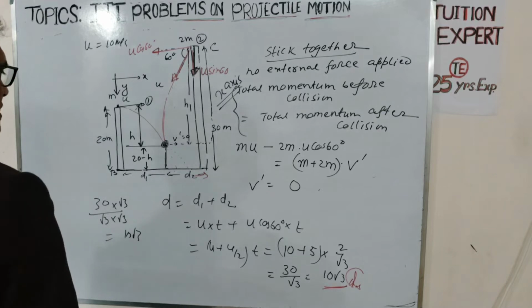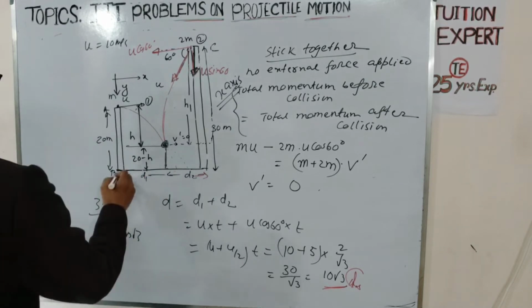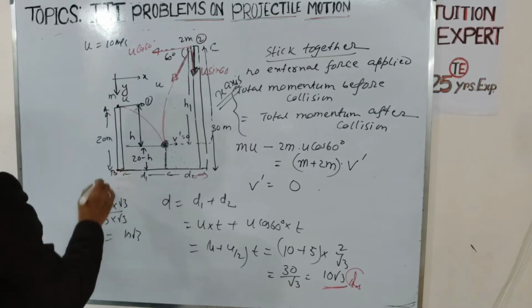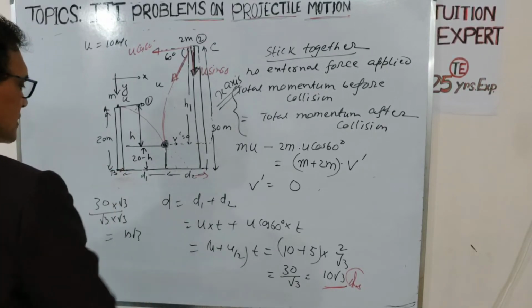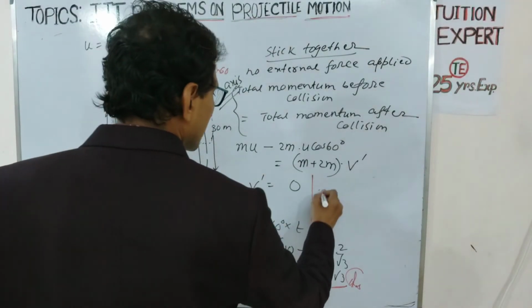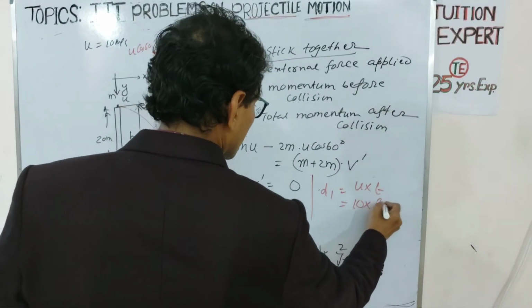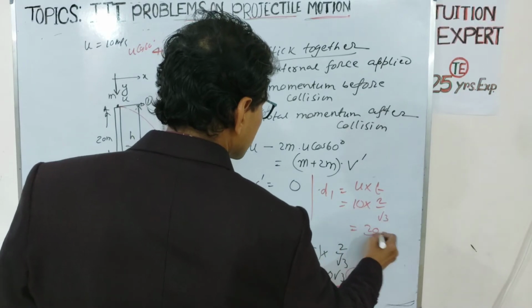Now what is the position of this? If we take the position from B, we can calculate d1. So what is d1? d1 equals velocity u into t, which is equal to 10 into 2 by root 3. That means 20 by root 3.